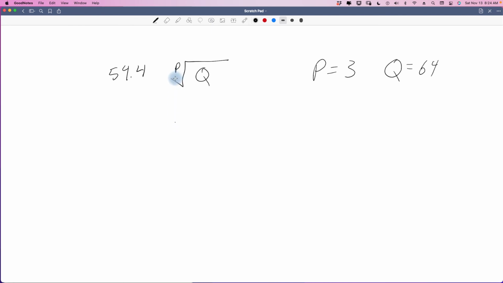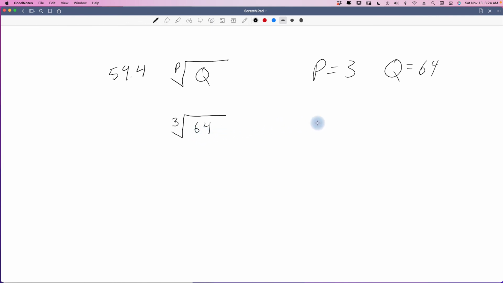So we have p here, and because we already have this little symbol, we don't really need to make parentheses because we can just drop these in where they go, right? We already kind of have some type of a structure here to put our numbers into. So the cube root of 64, that's what we're looking for. That's what this means. So what number times itself 3 times gives us 64?